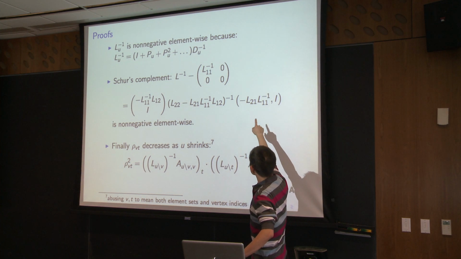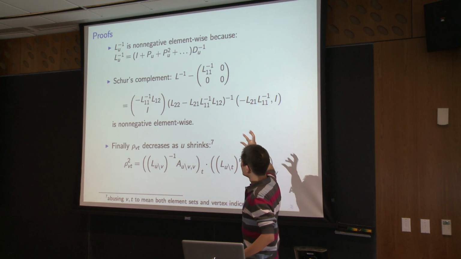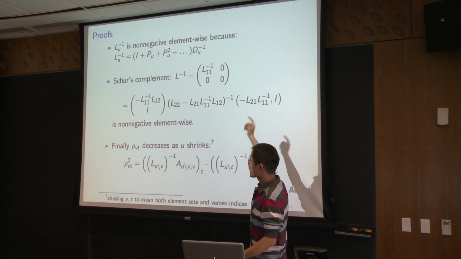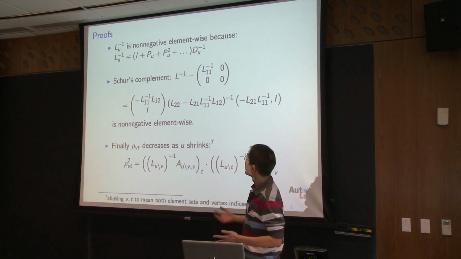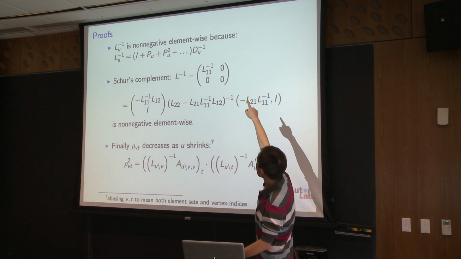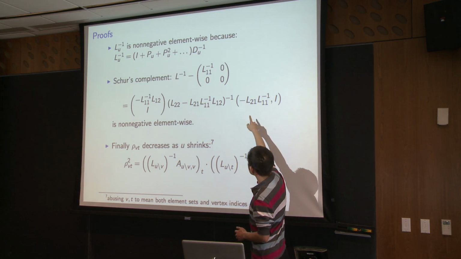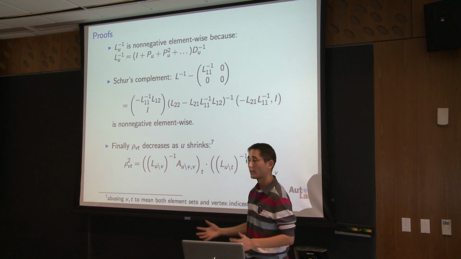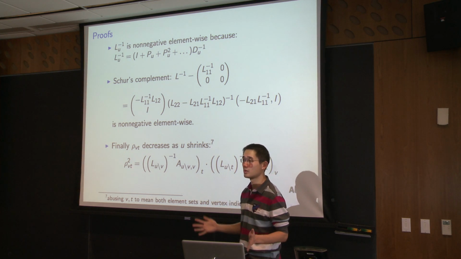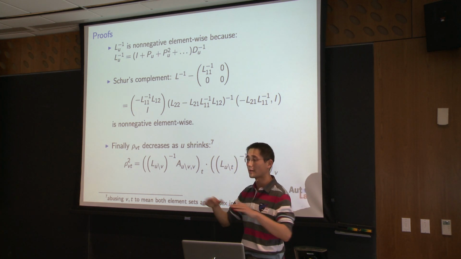And L11 inverse is the inverse of the upper left submatrix of the graph Laplacian, and by the first bullet, it is also non-negative. Finally, L21 and L12 are the off-diagonal elements in the graph Laplacian, so they are also non-negative. Here, L itself is a subset of the graph Laplacian.